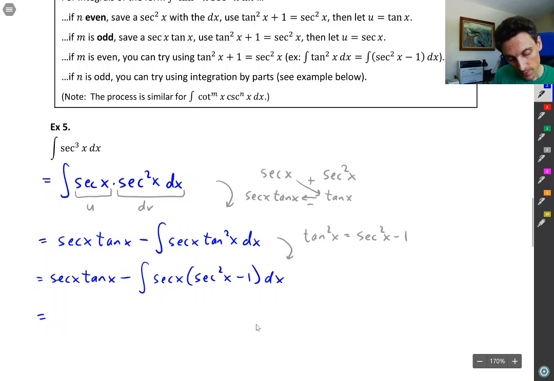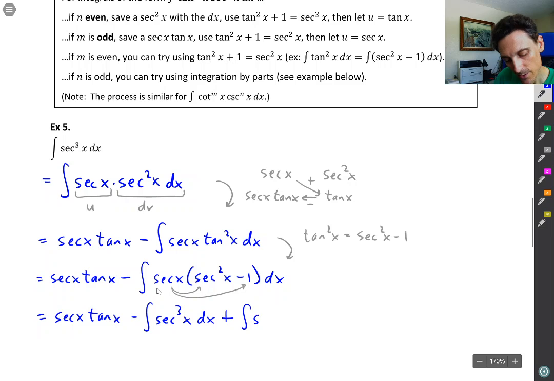Now at this point, we've got an integral that has just a bunch of secant x's in them. We can distribute the secant x in, and we'll go ahead and split up the integral too. So it'll look something like this. We'll have the secant x tangent x minus the integral of secant cubed x dx, and then plus the integral of secant x dx.